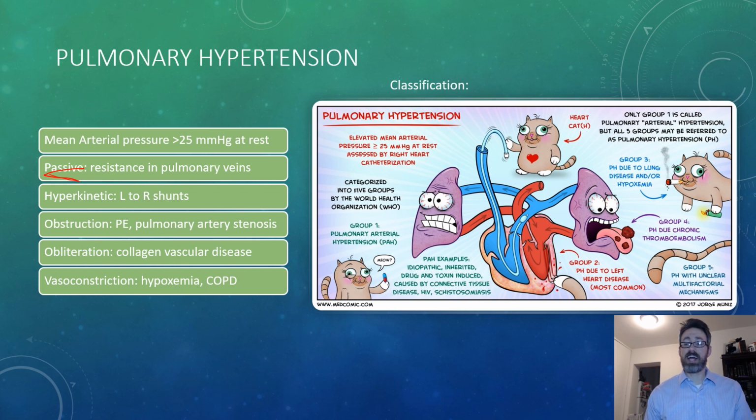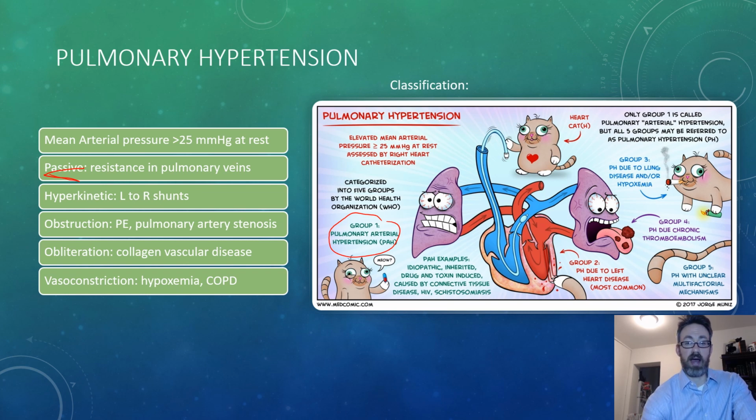Now, we classify pulmonary hypertension into these 5 groups, which I put a little cartoon here for you guys. Group 1 is pulmonary arterial hypertension. In pulmonary arterial hypertension, the prognosis is not very good. It's usually a 2-year survival from the time of diagnosis, most often seen in young or middle-aged women, actually.